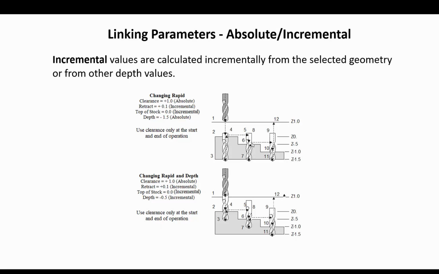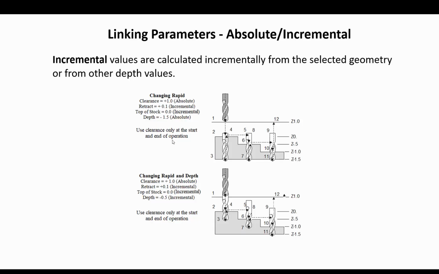It's going to retract back to the 100 thou above the top of the stock and rapid to the next hole. Rapid down 100 thou above the new top of the stock. We'll start with feed rate and machine the hole, and then we'll retract back to the clearance level.